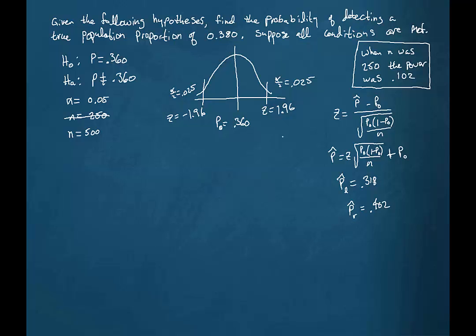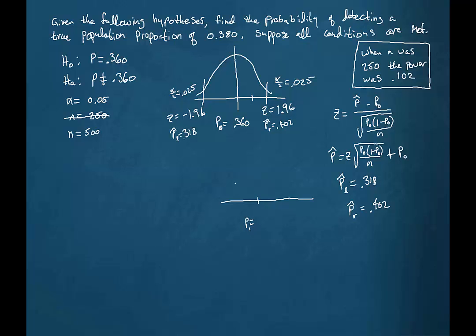Now, how does that change the result? Well, this right-hand value is 0.402, and this left-hand value is 0.318. Now let's project all this to a distribution where the population proportion is 0.380. We'll call that p1.